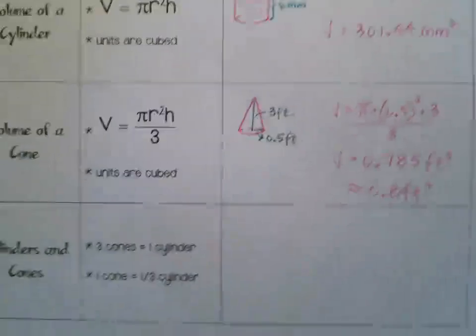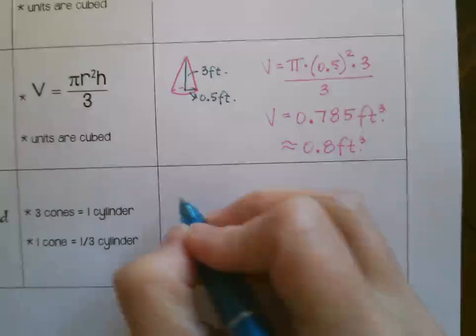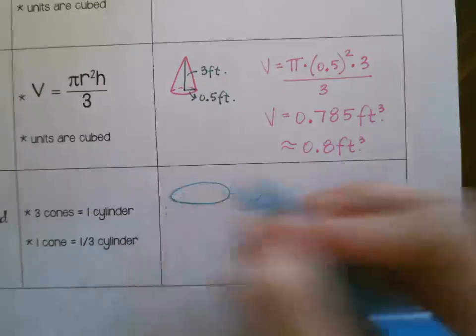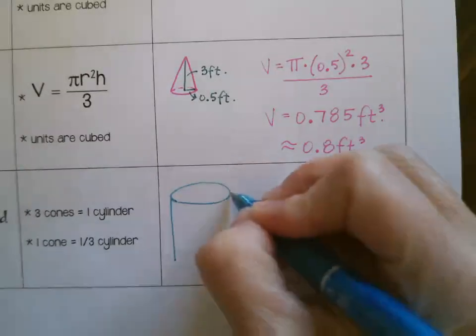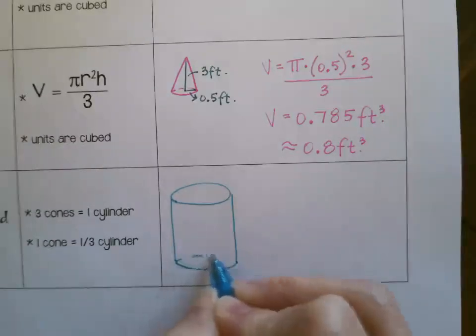All right, so last one. When we learned this, we looked at water and took cylinders and cones. And I had you make a guess as to how many cones you thought would fit inside of a cylinder. So I'm going to try and sketch this out. So, no laughing, of course. So let's say we have this cylinder.